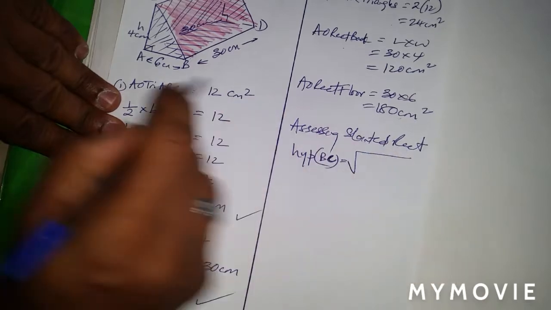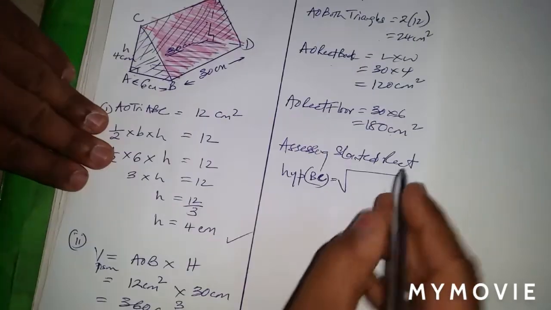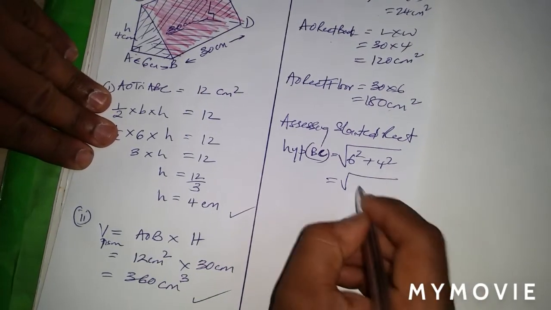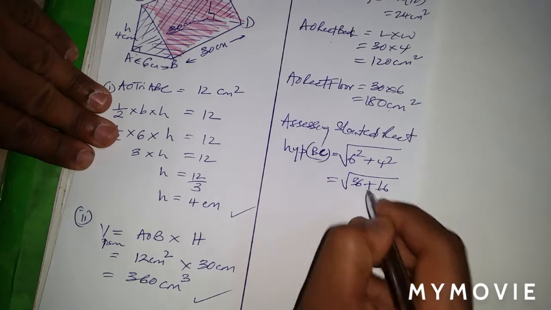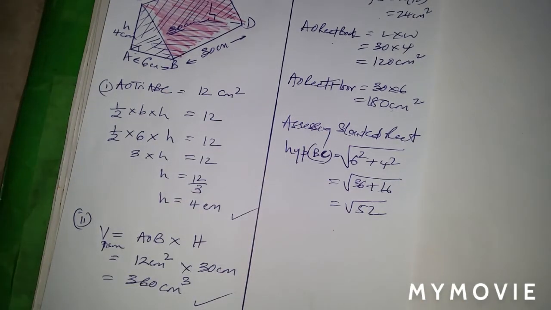Let me just find that. And that's going to be the square root of 6 squared plus 4 squared. So this will be the square root of 36 plus 16, which is the square root of 52. Let me make sure that my calculator is cleared.